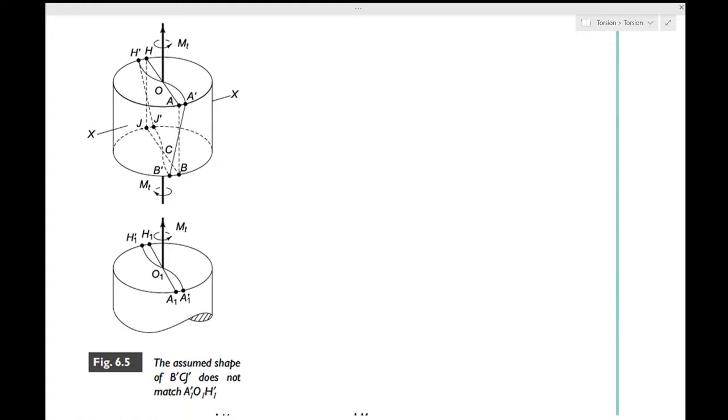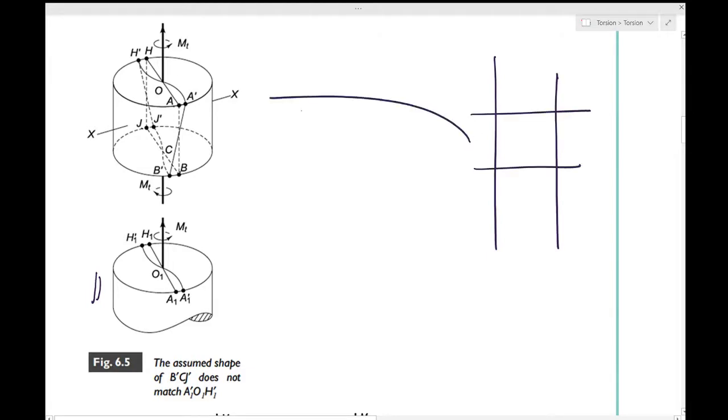We can show, however, that this assumption leads to a contradiction by considering, in the lower part of figure 6.5, the very next slice. This is the very next slice, the one which is just below. If this is your shaft, say this part is like this and the part just below is over here. So how do we know it's a contradiction?